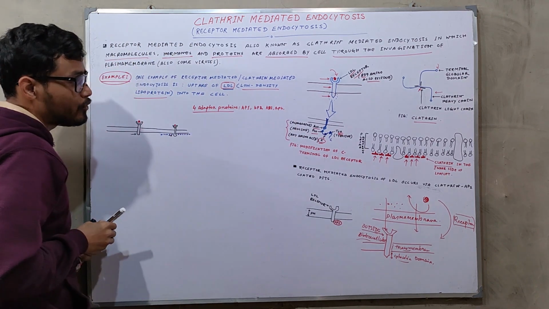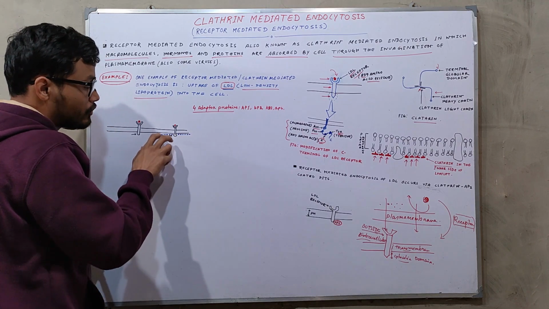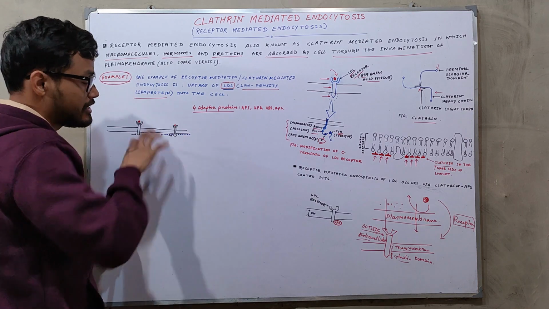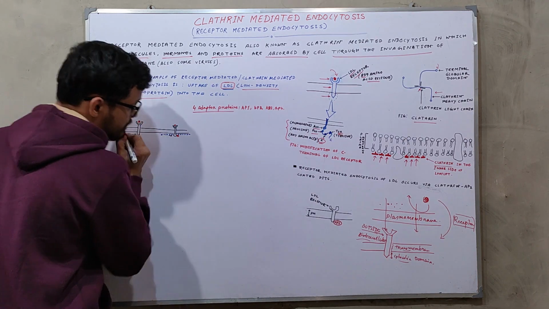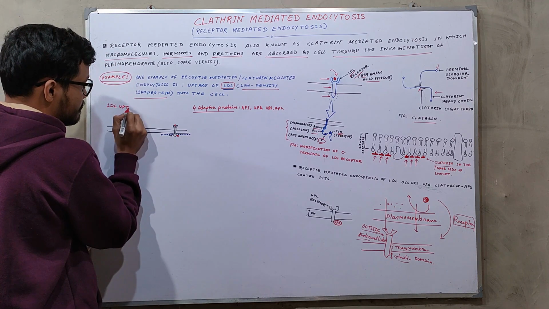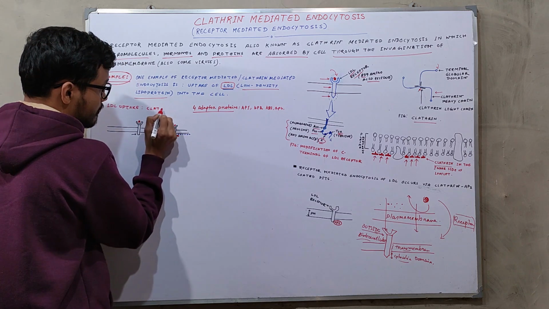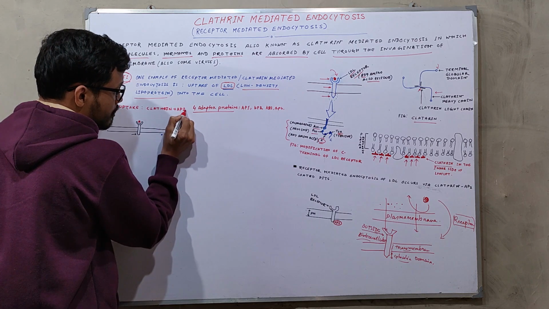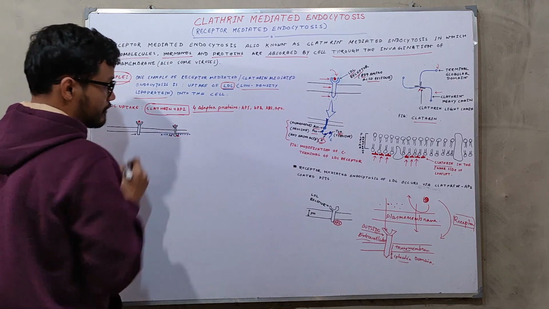So these adapter proteins help the clathrins to ingest or create a vesicle from this plasma membrane, okay. So in the case of LDL uptake, the clathrin and AP2 complex plays a crucial, or vital, role, okay.